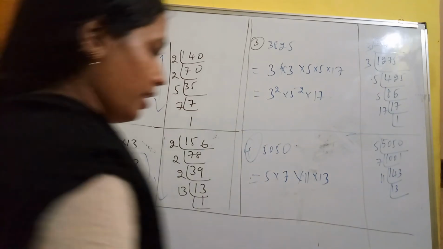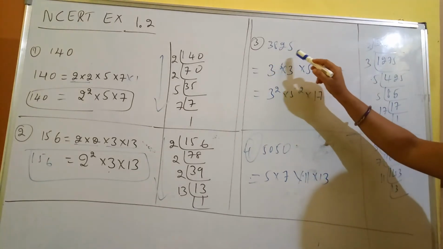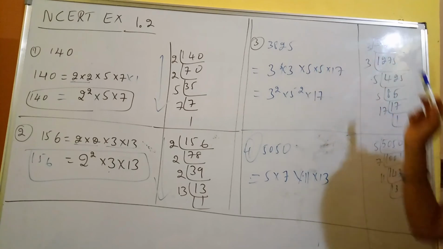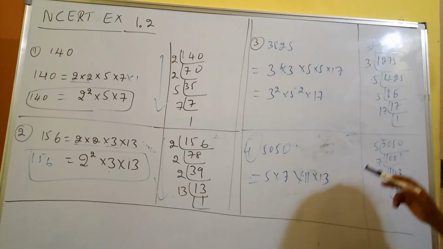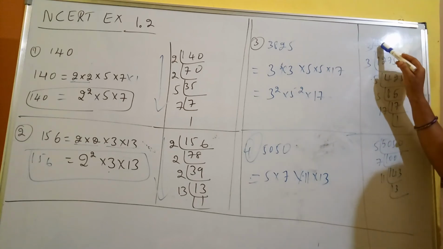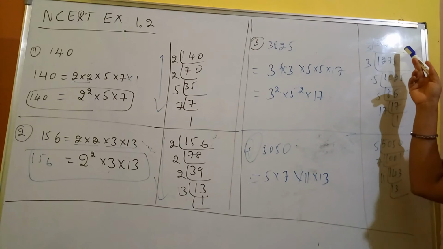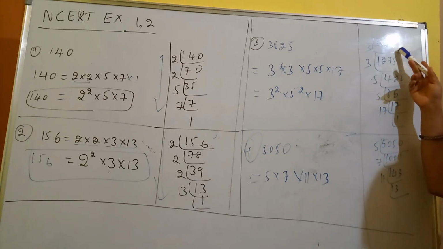Likewise, we can take one more problem, 3825. This problem is also the same. First find the factors of 3825. We can't divide by 2 because the units place digit is 5.